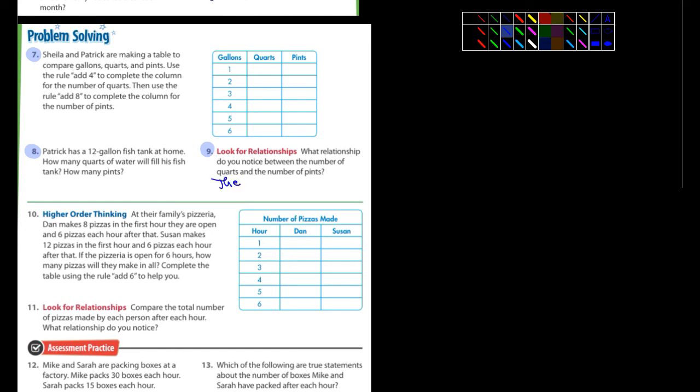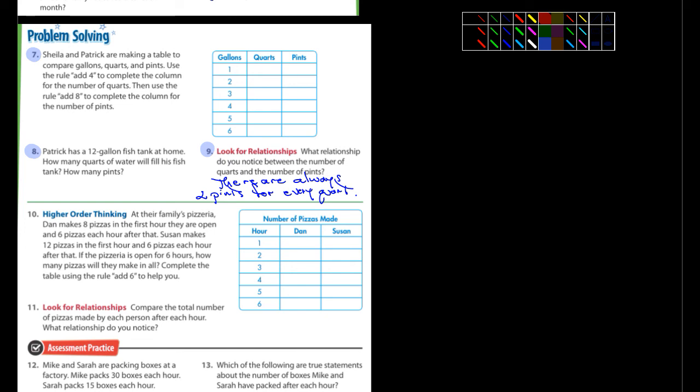There are always 2 pints for every quart. There you go. Did number 9 for you. Number 10.